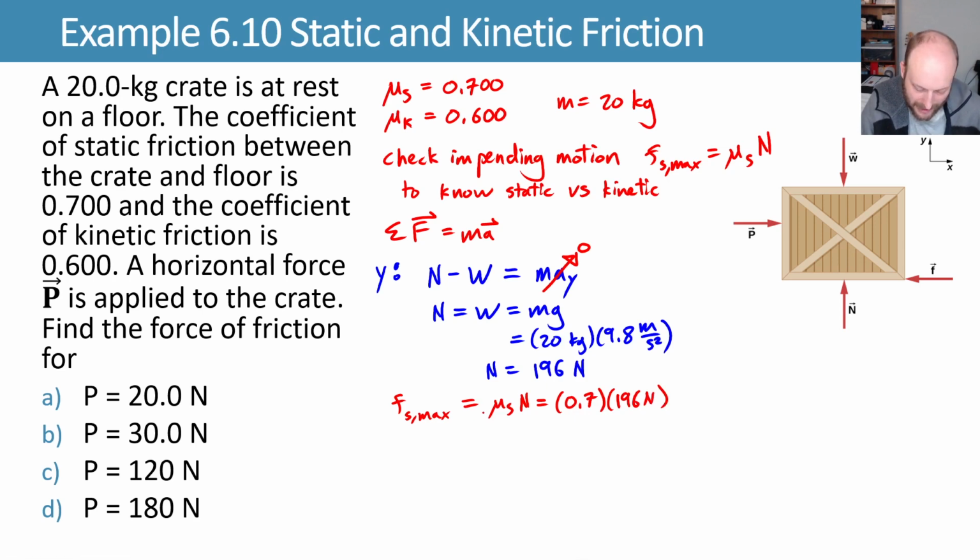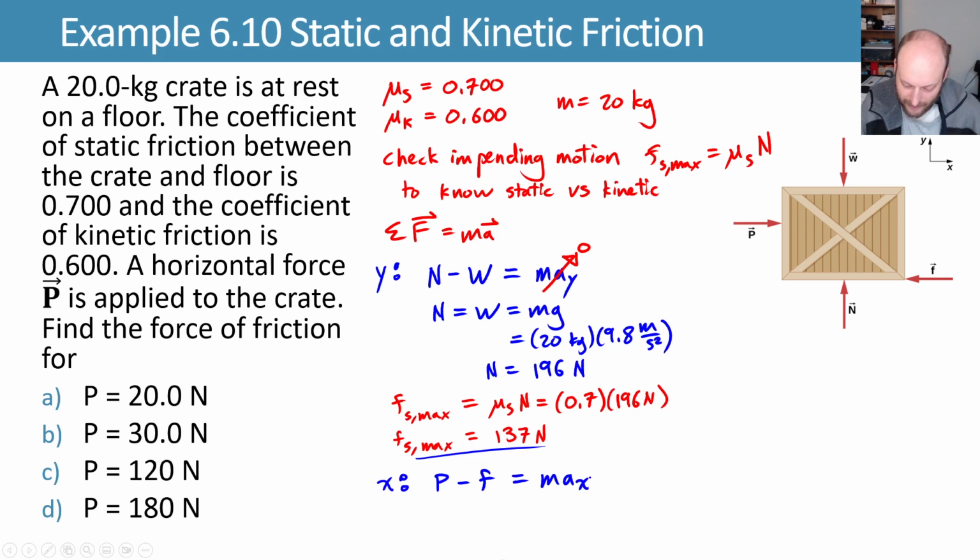This means the maximum frictional force that can be exerted here is 137 newtons. So that's our limiting case. We can now look at the x direction and see what actual force we need. In the x direction, we apply Newton's second law: P is acting to the right, F is acting to the left, so it's negative, and they sum to mass times acceleration.